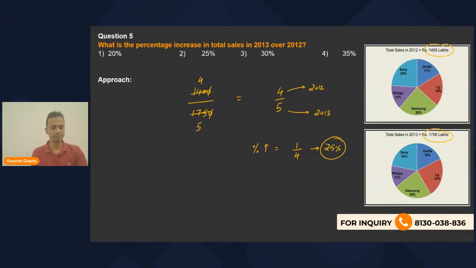Am I clear? So this is 25 percent, option 2. This question should have been done in less than 30 seconds, and almost all of you gave the same answer. So the easiest question, the one we should have tackled to start, is question number 5. We are done with this.